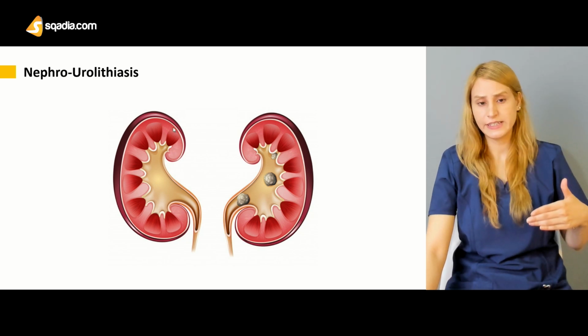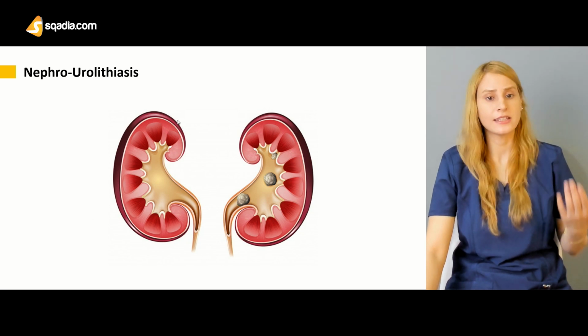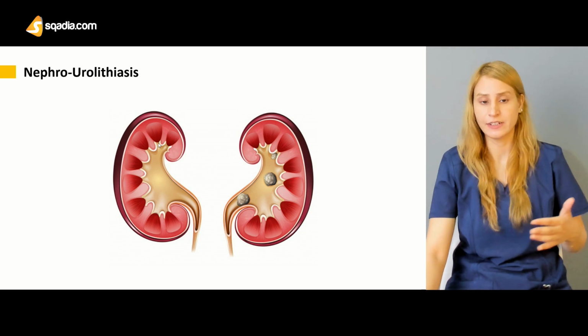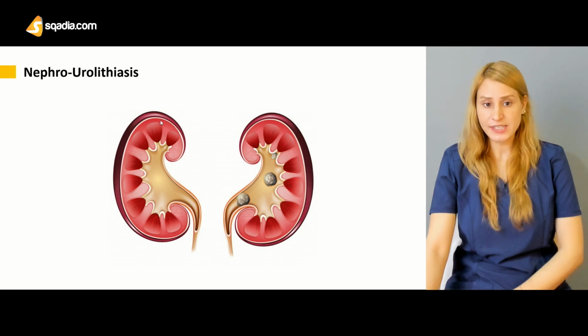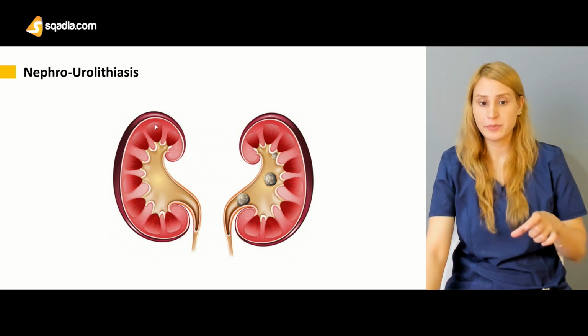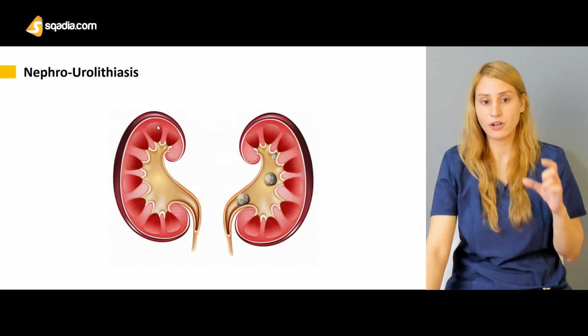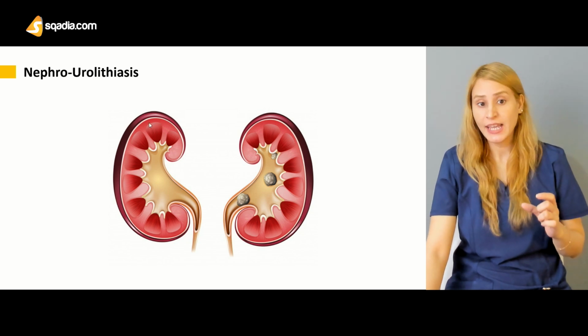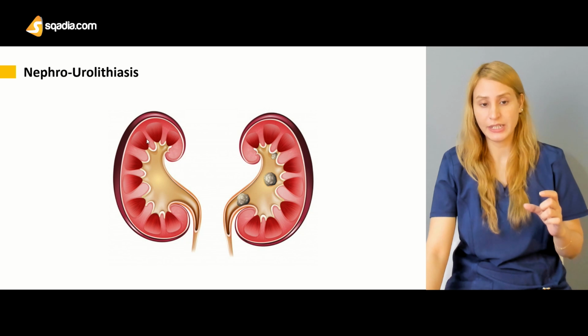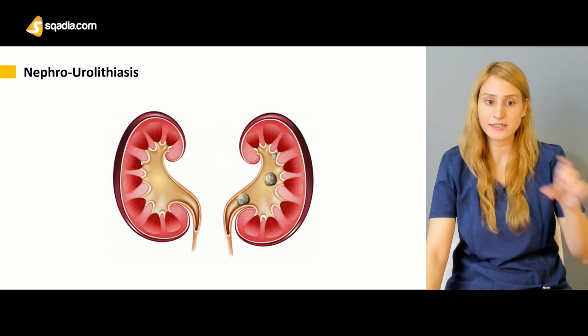In this diagram we have the renal cortex, and the inner part is the renal medulla. This pyramidal-shaped part is the renal pyramid, and this is the base of the pyramid, and you can see the apex projecting down into the calyces.